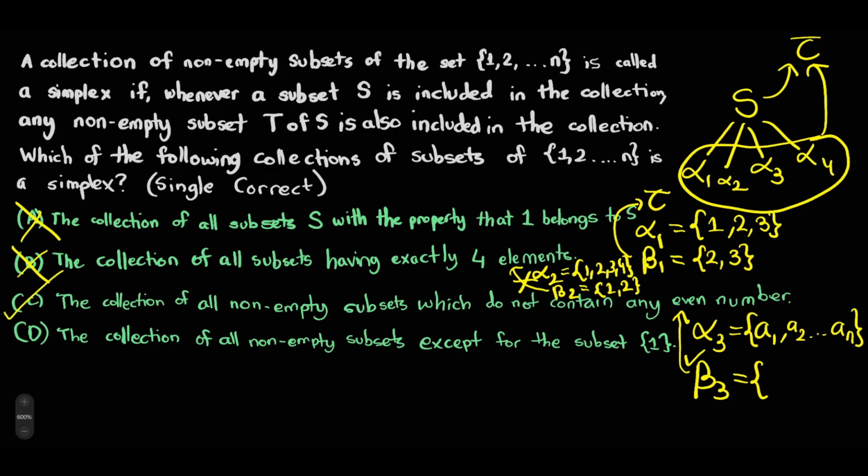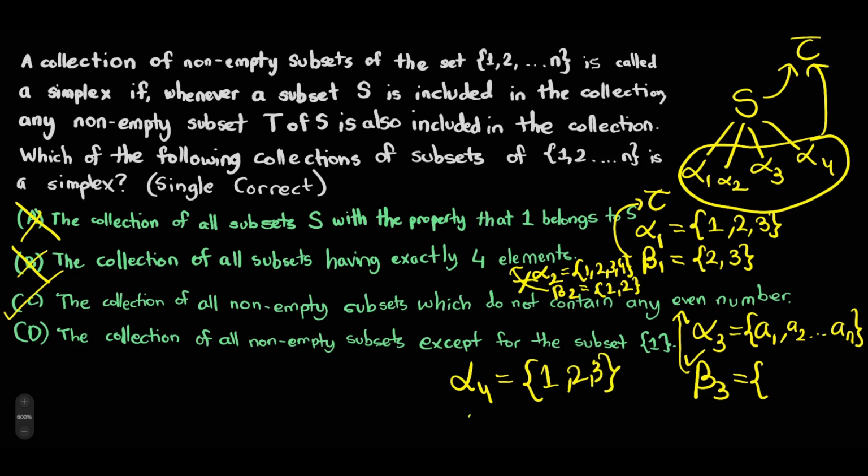Let's check option D just to make sure that we have arrived at the correct conclusion. The collection of all non-empty subsets except for the subset {1}. Okay, so let's take an example. Let's take alpha 4, the set being {1, 2, 3}.